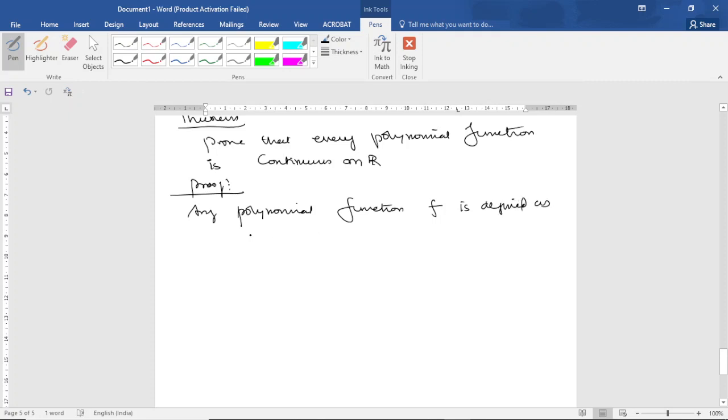How is a polynomial function defined? f is a function from R to R, defined by f of x equals a0 x to the power n plus a1 x to the power n minus 1 plus a2 x to the power n minus 2 plus and so on till an. This is how a polynomial function is defined.